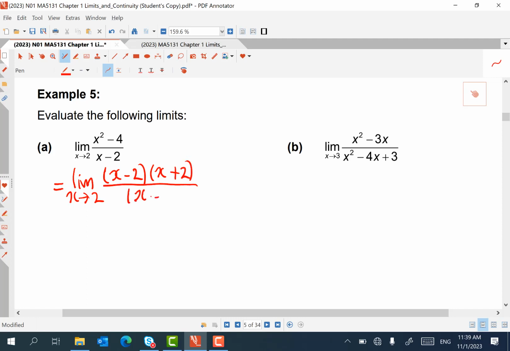Now let me ask you this question, class: why is this cancellation valid? Well, because x is never 2, you see. That's why the cancellation is valid.